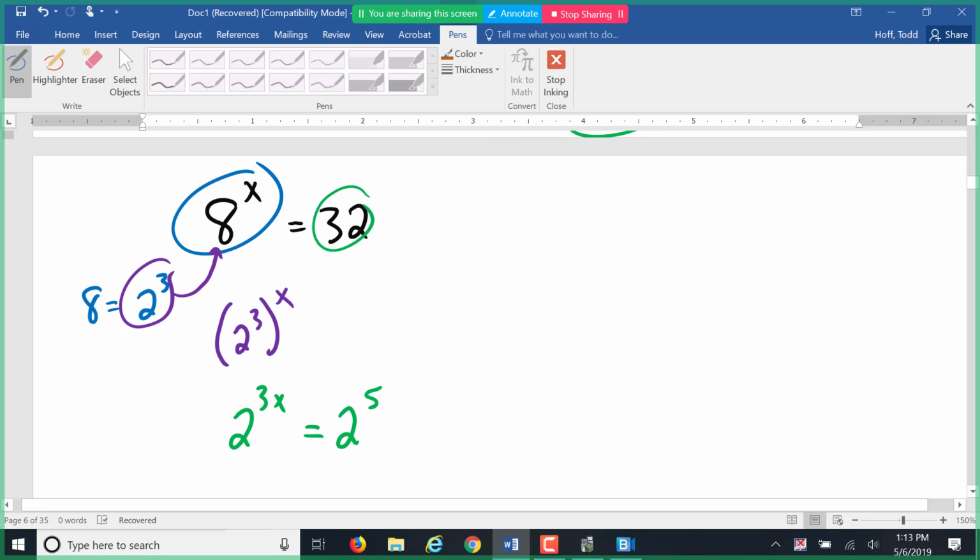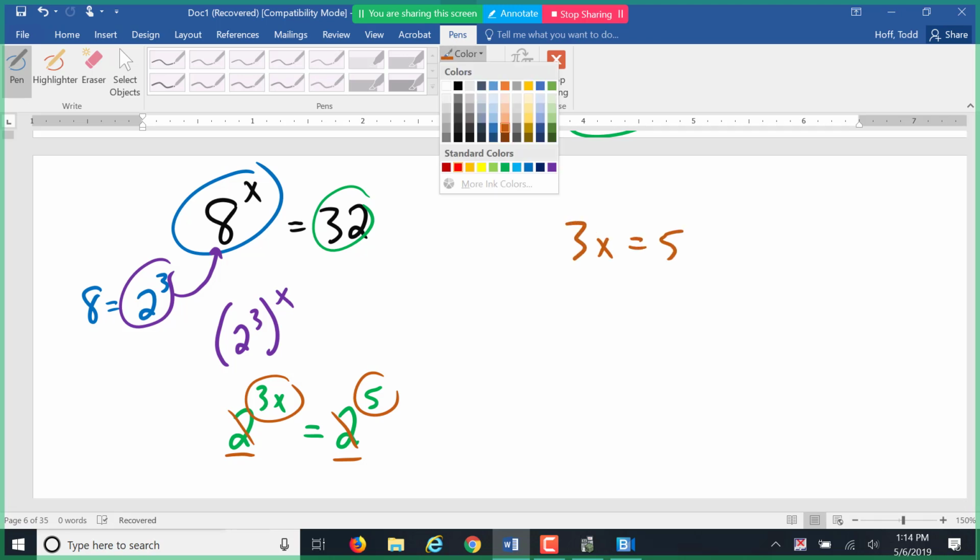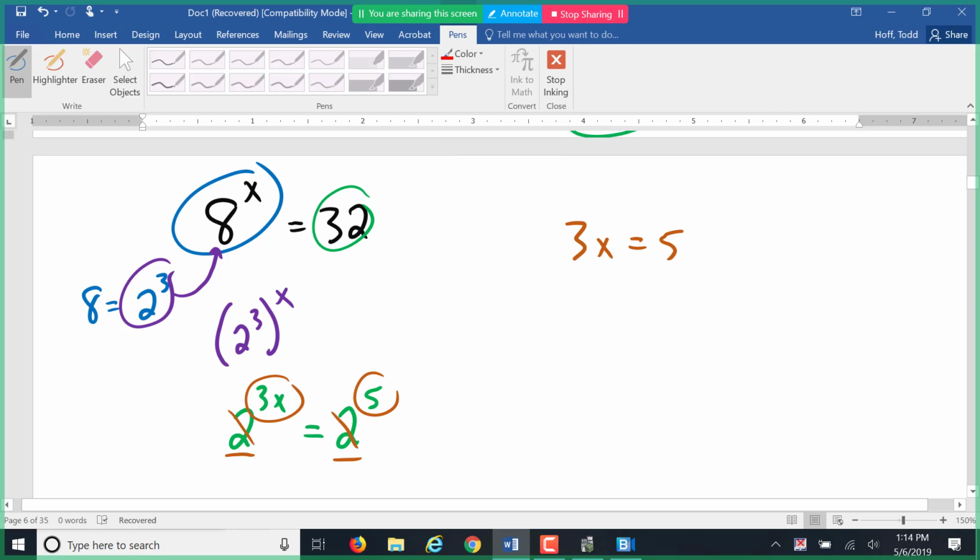Now we have this set up as two exponents with the same bases. So if the two exponents have the same base, we can eliminate the base and set the powers equal to each other. So 3x has to equal 5. How do we solve that? We divide by 3. So x equals 5/3 or 1 2/3.